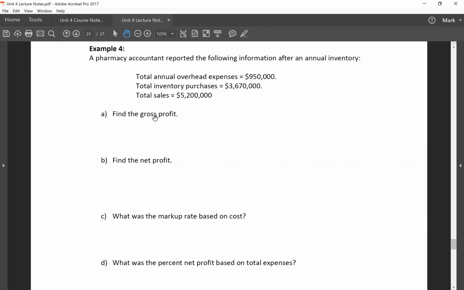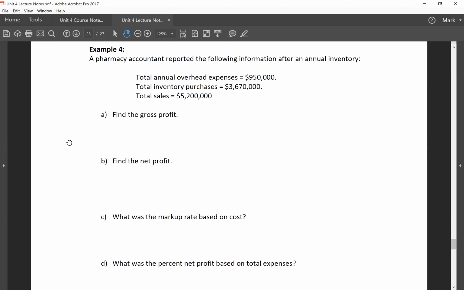So I want you to find the gross profit, the net profit, and then the markup rate based on cost. And there's a little question here you might not know how to do, but I'm going to leave A, B, C, and D for a few minutes. So definitely try A, B, and C. And if you can do D, great. If not, I'll show you the answer in a minute.